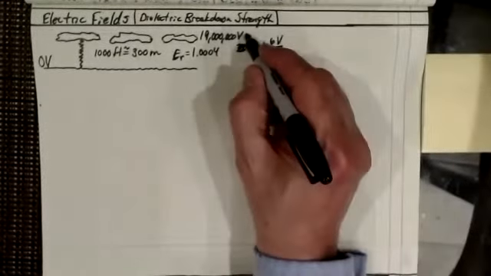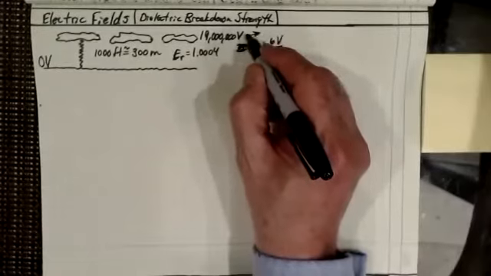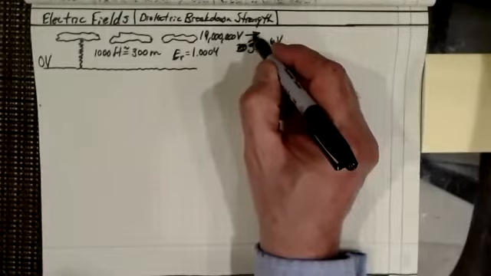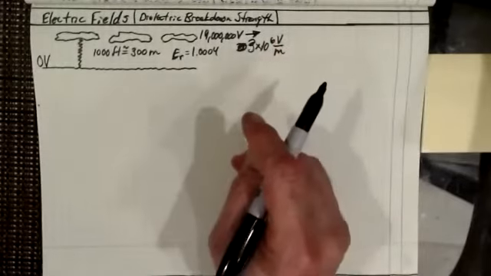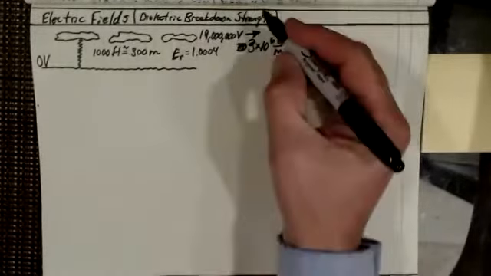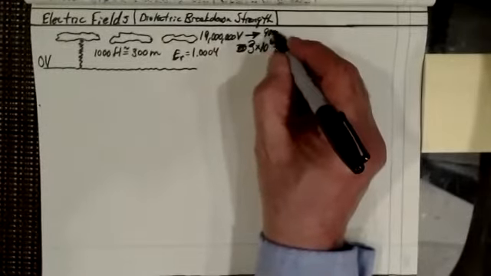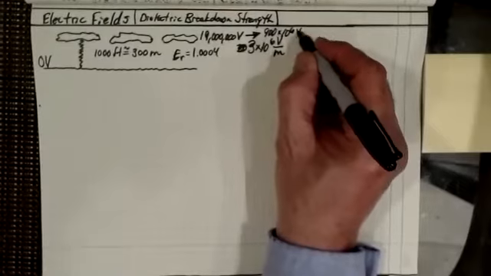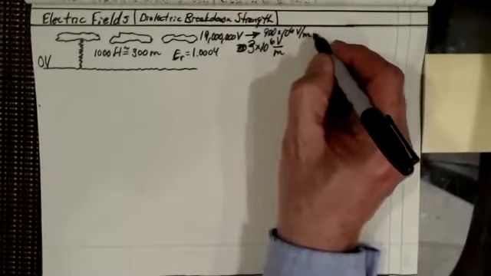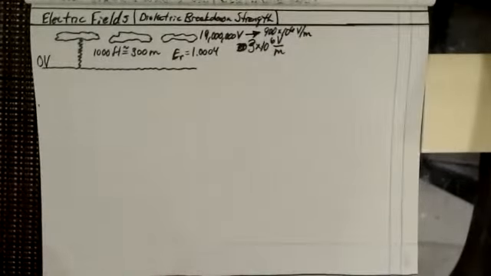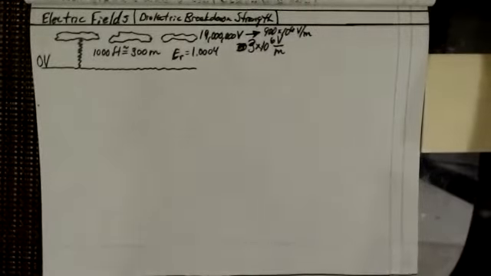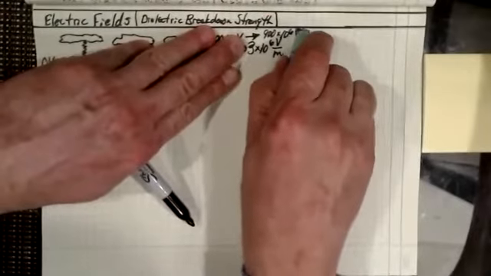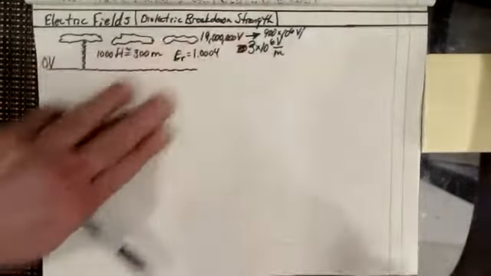So the normal, I say normal, it obviously could be higher or lower than that, but it's far below 900 million. 900 million volts per meter, or excuse me, did I say volts per meter? Volts, because I've already multiplied the volts per meter times the 300 meters, haven't I?